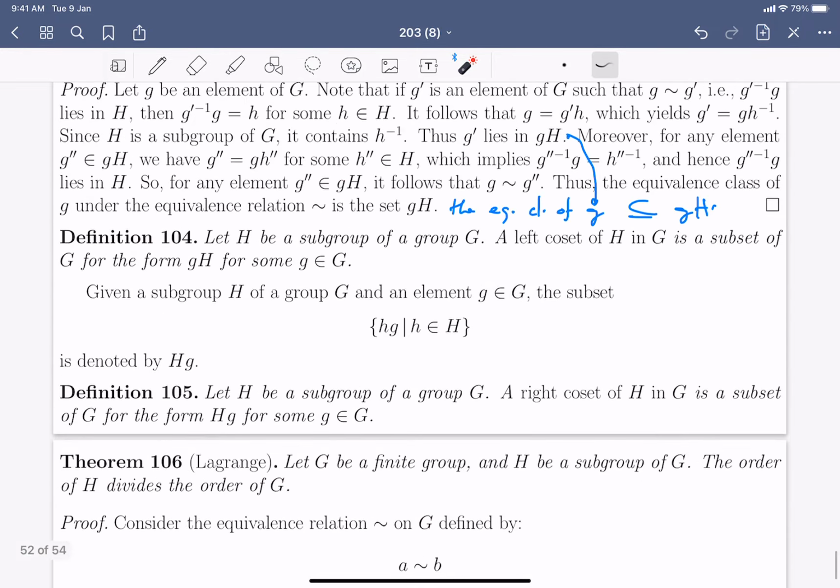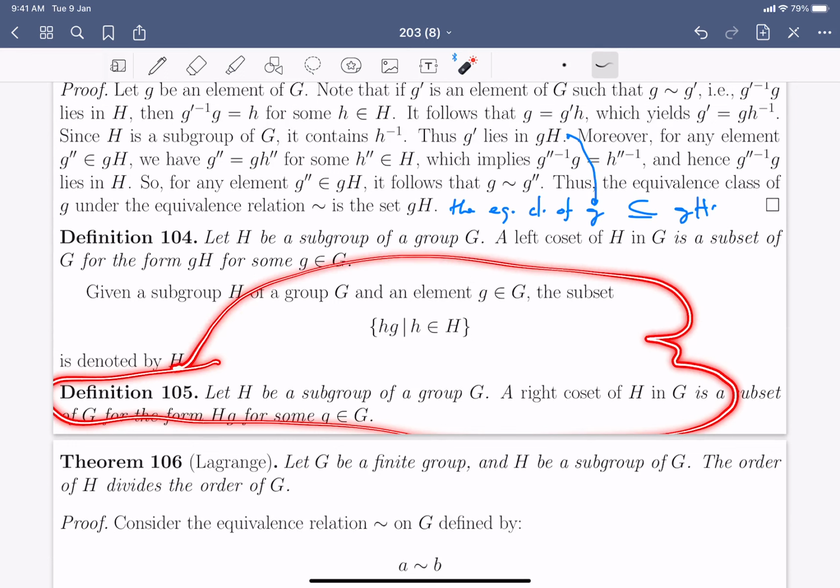Sorry, probably I just went too fast. I would like the equivalence classes to be of this form instead of being left cosets. Earlier we showed that the equivalence classes, as in definition 104, are left cosets of capital H in G. Now I would like an equivalence relation where the equivalence classes are right cosets.